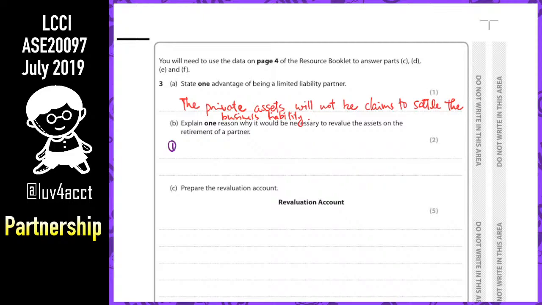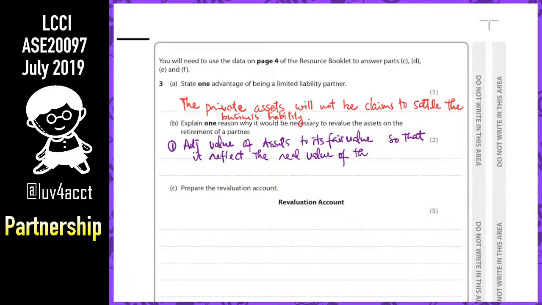One is to adjust the value of assets to their fair value, so that it reflects the real value of the business.